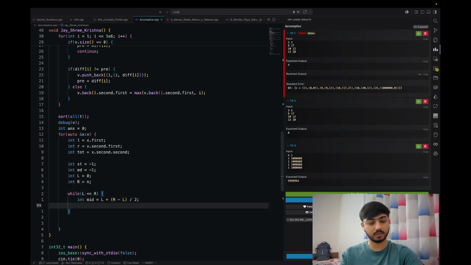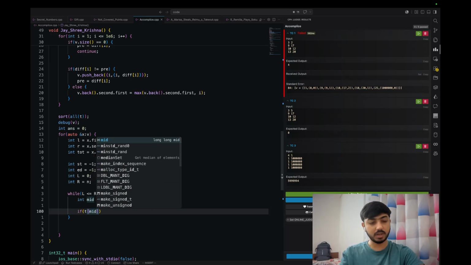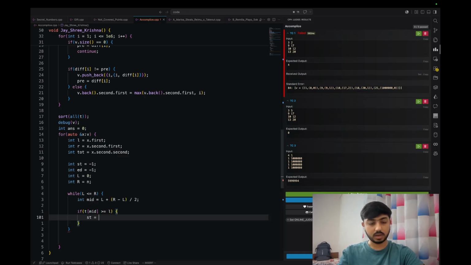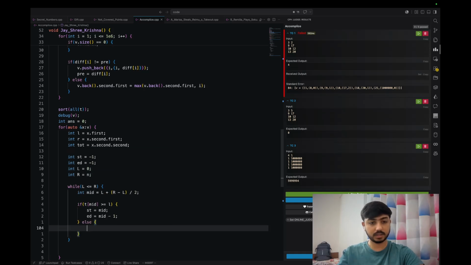The check is if T of mid is greater than or equal to L, start is equal to mid and end is equal to mid minus 1, else start is equal to mid.